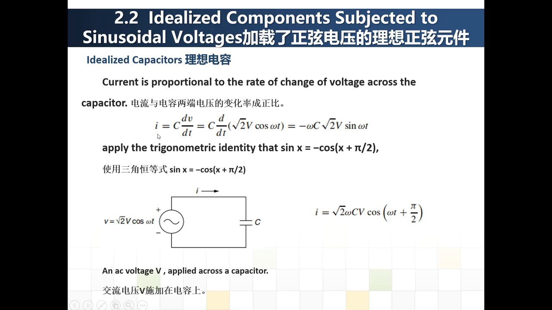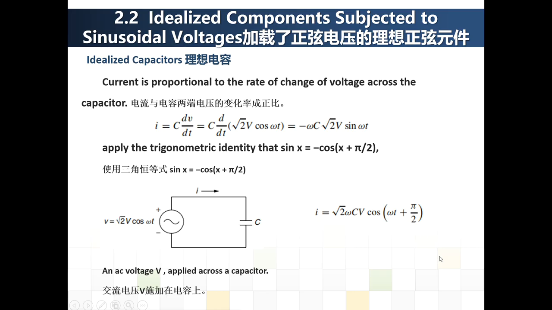Therefore, the instantaneous current on the capacitor is equal to minus omega C multiplied by the square root of 2 multiplied by voltage multiplied by sine omega t. Since minus sine x is equal to cosine x plus 90 degrees, the current I is equal to the square root of 2 multiplied by omega C V cosine omega t plus 90 degrees.